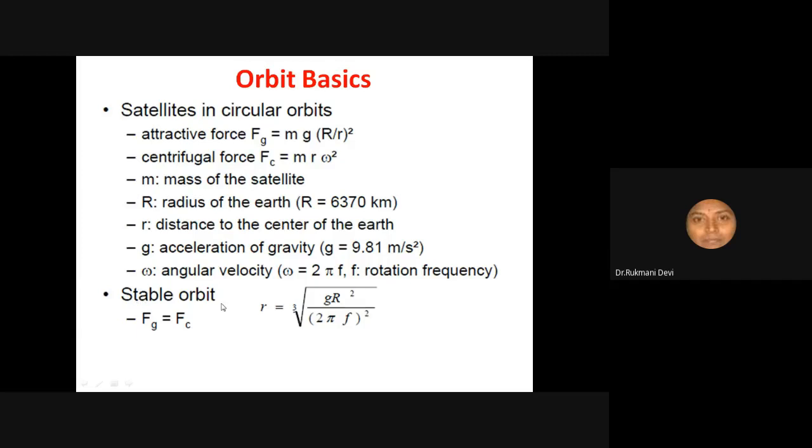If it is a stable orbit, Fg is equal to Fc. So the attractive force is equal to the centrifugal force.